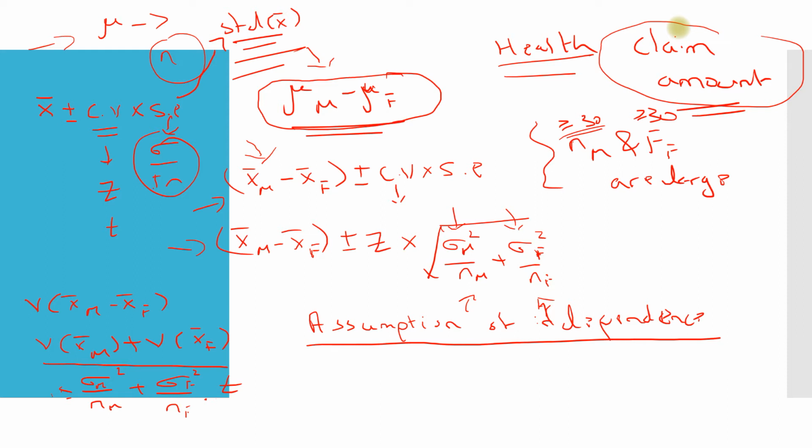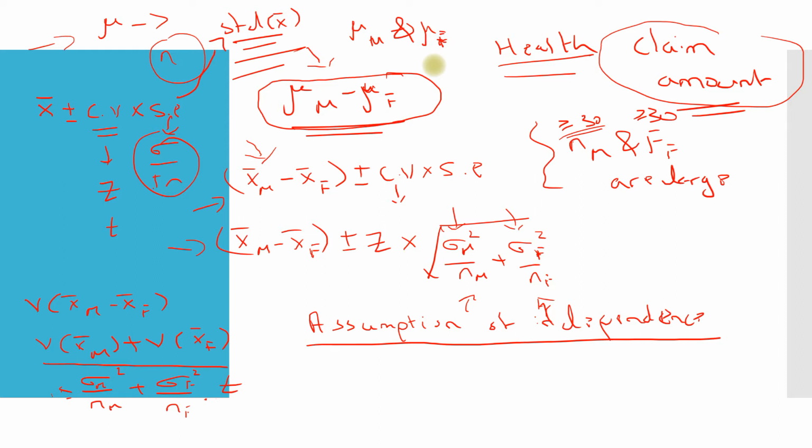Then, don't forget that in all questions, before you make the assumption, you have to define mu m and mu f. You need to say, let mu m be the average claim amount for male and mu f be the average claim amount for female.